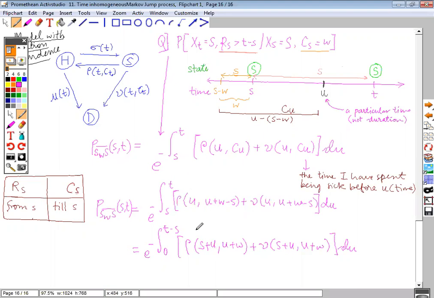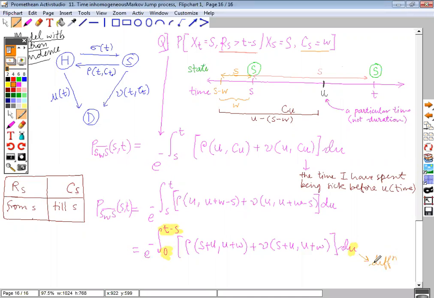Here, with S plus U, there's just a bit of confusion because we've seen U as one particular time. But if you forgo that and look at U as the time difference, let me just highlight that here we have T minus S, right? And that is what the value of U is, from 0 to T minus S. So here this U represents the difference.